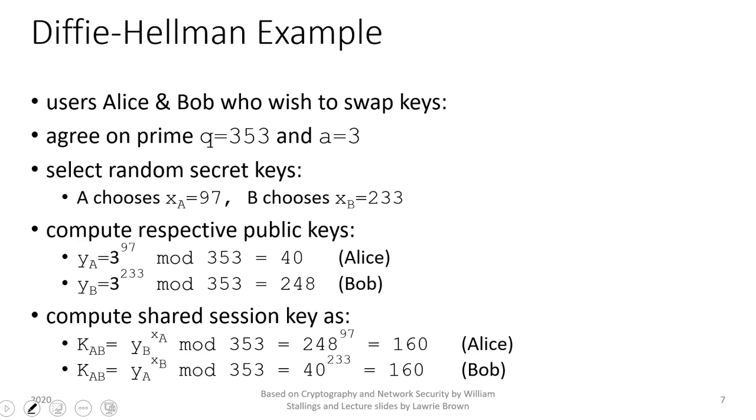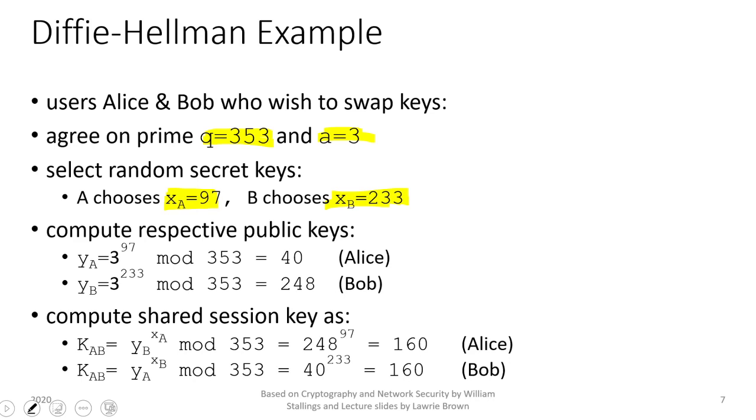So these values will be agreed upon by both ends. Then A will select a secret key on its own, not known to B or to anyone, only A would know this. And B would select a secret key, again only B would know that.